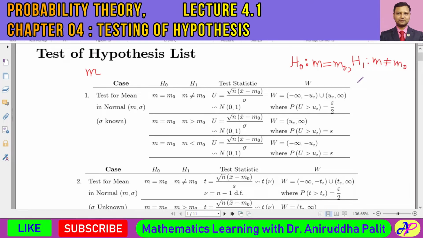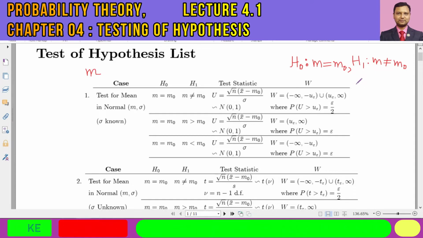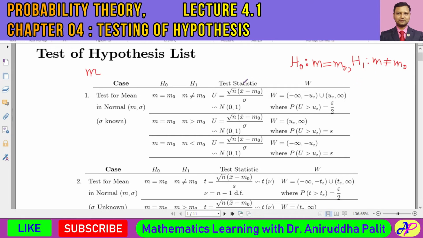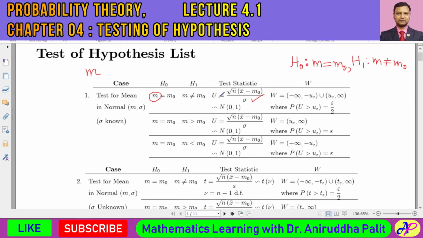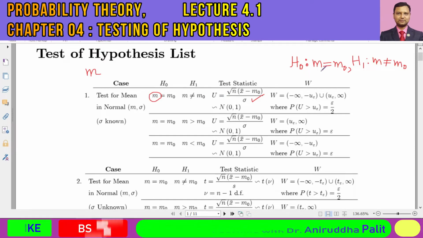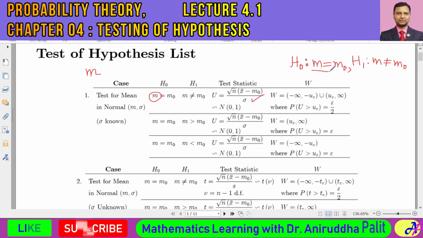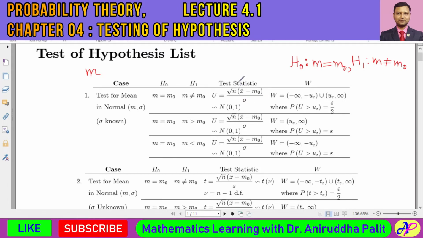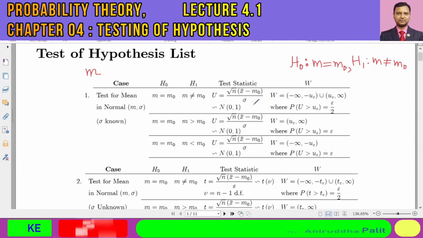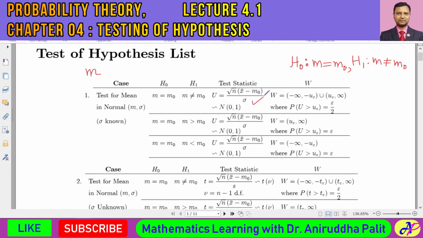And in that case, what we do in this type of test is we identify a test statistic which is dependent on the parameter value involving this null hypothesis, and we shall try to construct a statistic whose probability distribution would be known to us.